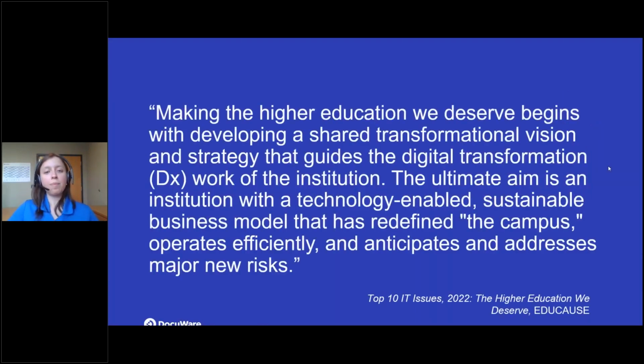And I just want to end with this quote that I thought was pretty cool. This is from a recent article from Digitize on the top 10 IT issues facing higher education in 2022, but we could expand this out to any company. They're talking about the importance of digital transformation. And with that, the ultimate aim is an institution with a technology-enabled, sustainable business model that has redefined the campus organization, operates efficiently, and anticipates and addresses major new risks.